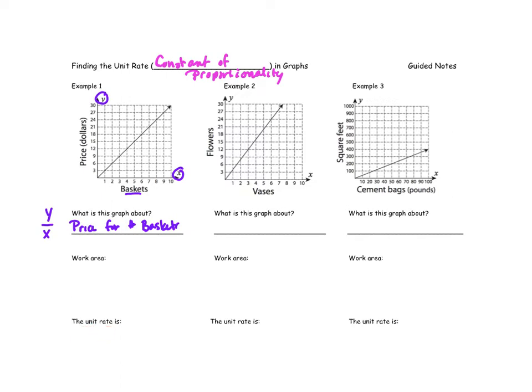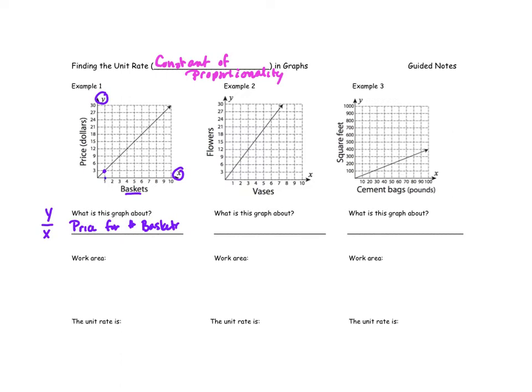And knowing that, this is the easiest type of graph that we can work with. If we're trying to find out the price for one basket, well, we simply go to 1 on the graph, and then I look at where my graph line hits one of these grid marks. So I can see right here above 1, it hits exactly at that little crosshairs of the grid mark.